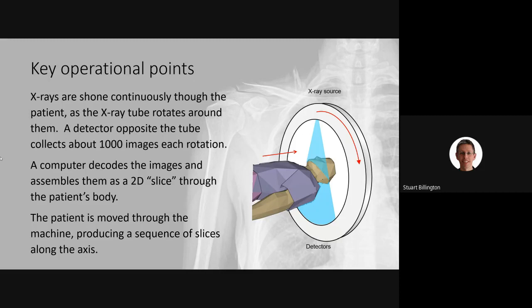The X-ray scanner and source spins around the patient and takes multiple images, usually about 1,000 per rotation, actually. The X-ray source is left on continuously, and the detector just effectively opens and shuts its shutter, by analogy, taking around about 1,000 X-rays per rotation.